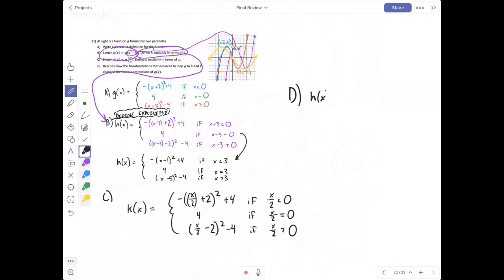we're going to write h of x mapped, or translated, g of x to the right 3.